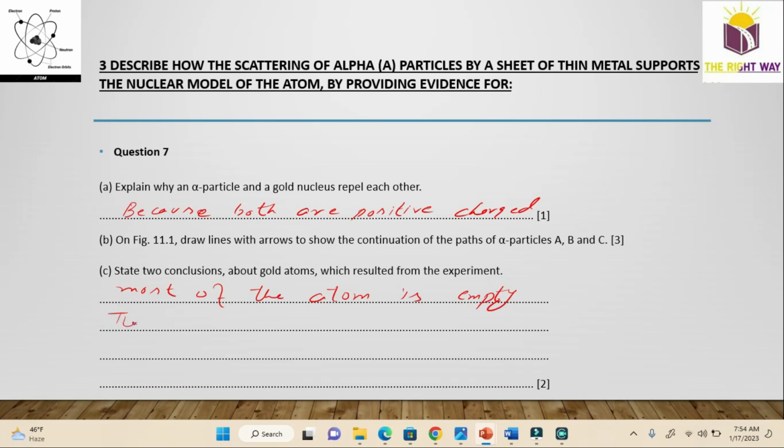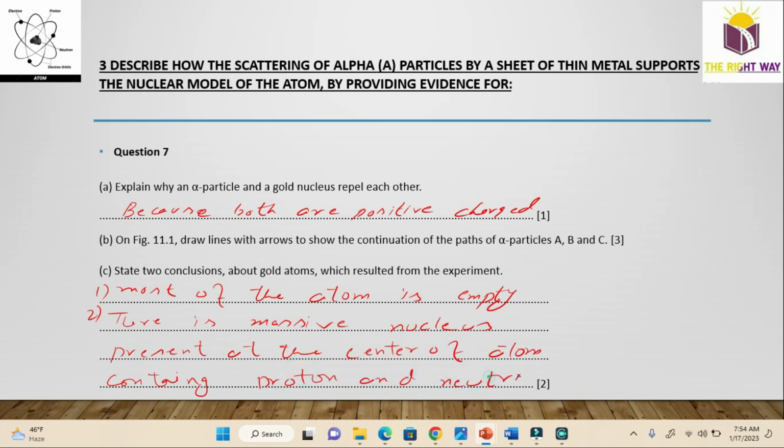There is a massive nucleus present at the center of the atom, containing protons and neutrons.